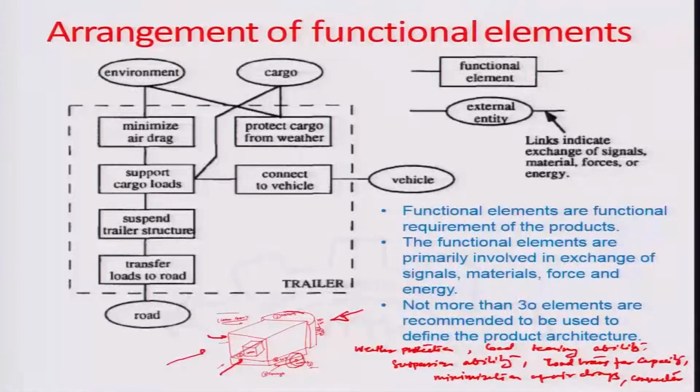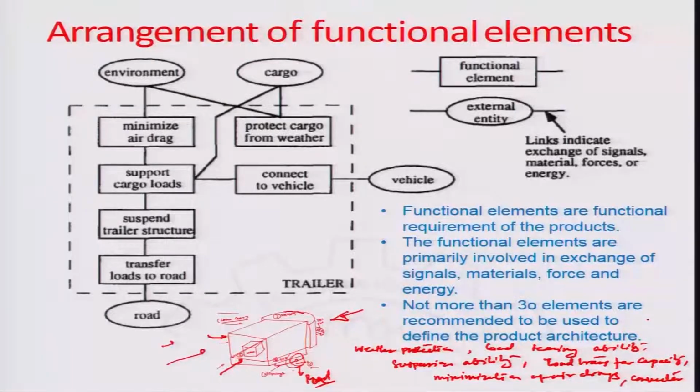So, how? For example, in this particular case, there are certain aspects related to this design which talk about interaction with the environment. For example, the load bearing capacity of the trolley, or the load transfer ability of the trolley, is really transferring the load to the road. So, road is one element of the environment through which the system would interact.